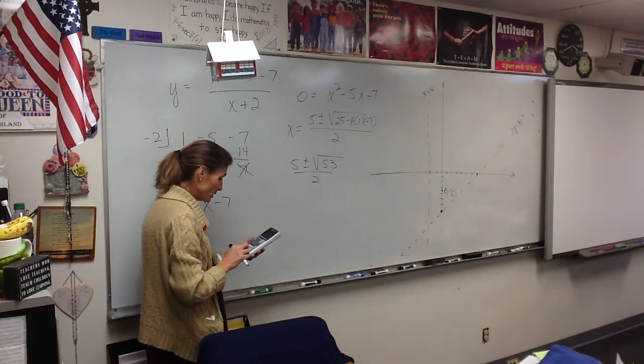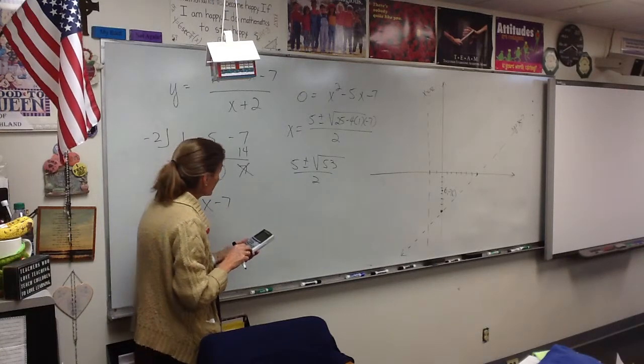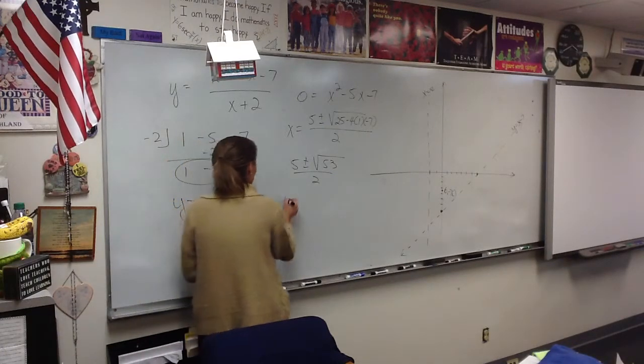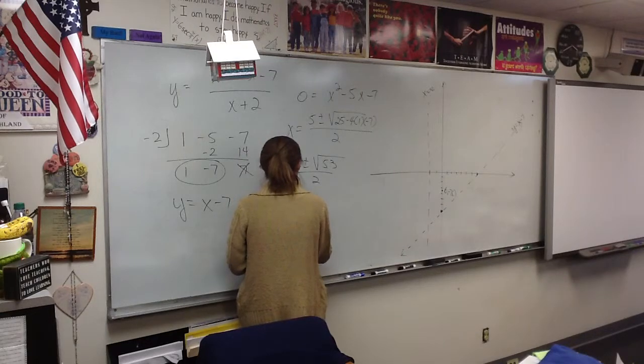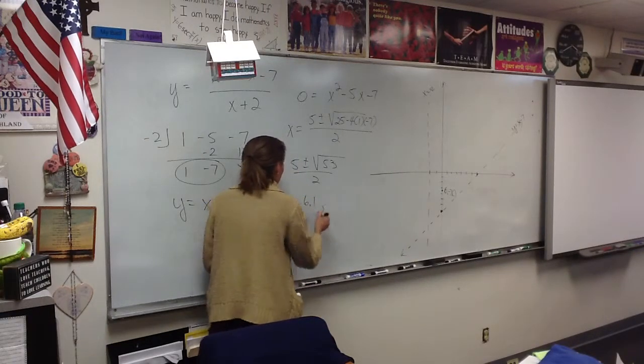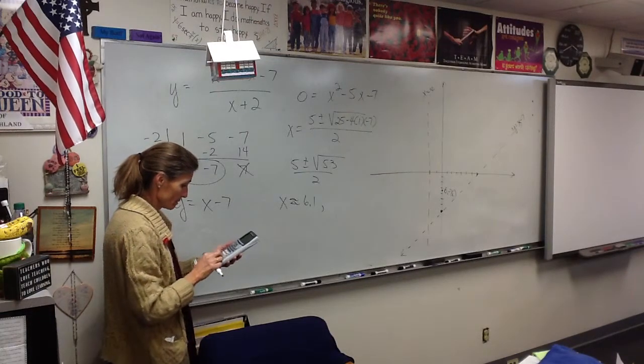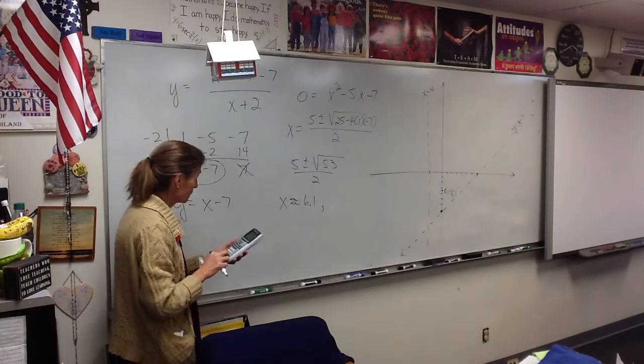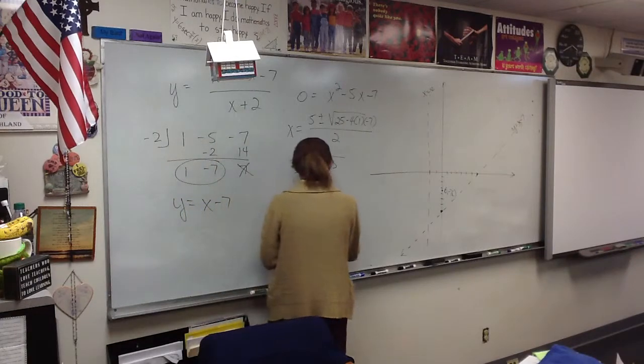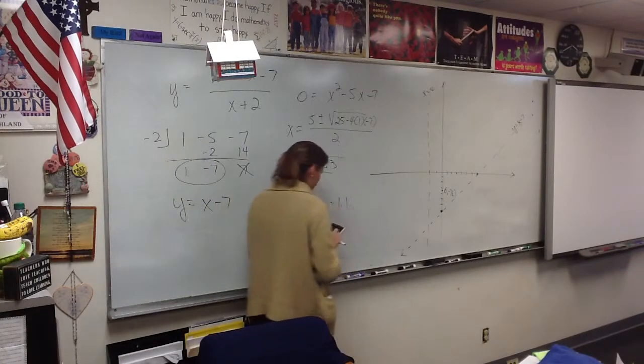So I'm going to type this into my calculator and get some decimals. I got about 6.1 for one of them, and about negative 1.1 for the other one.